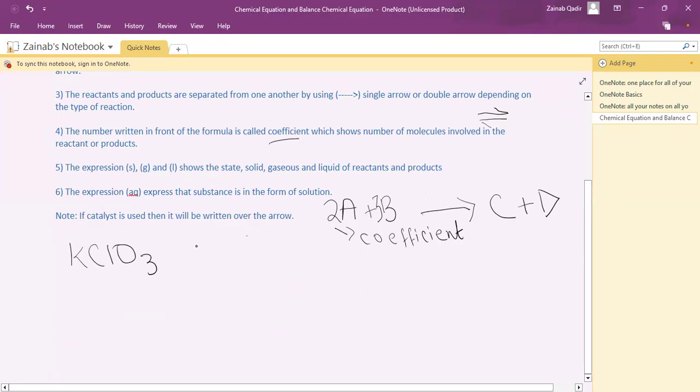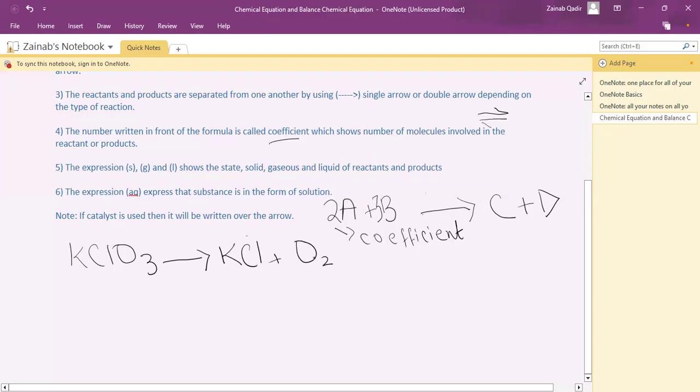It is a decomposition reaction. It means one reactant is decomposed into two products, KCl and O2.